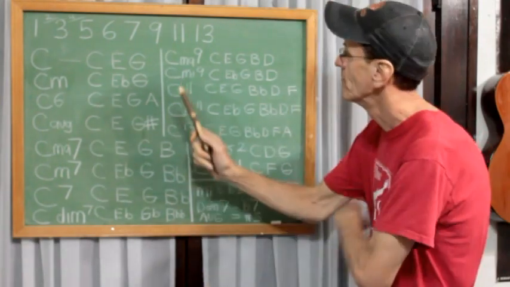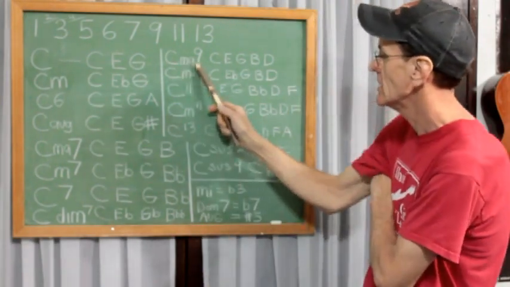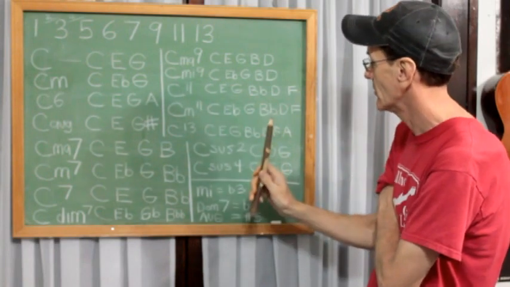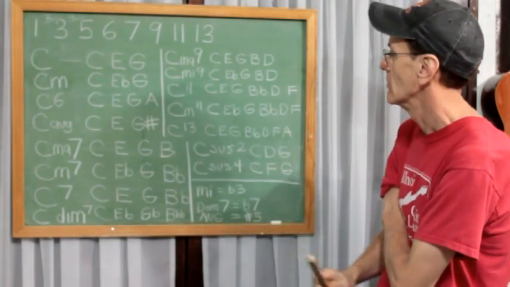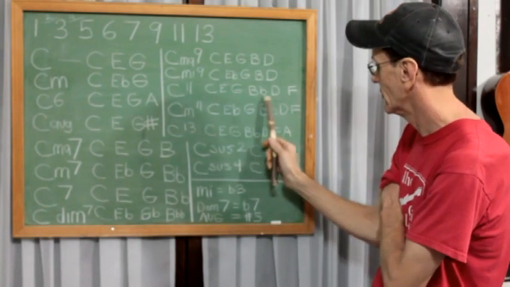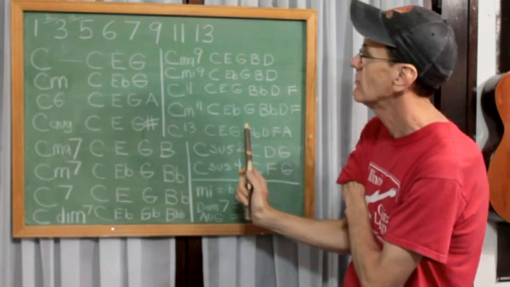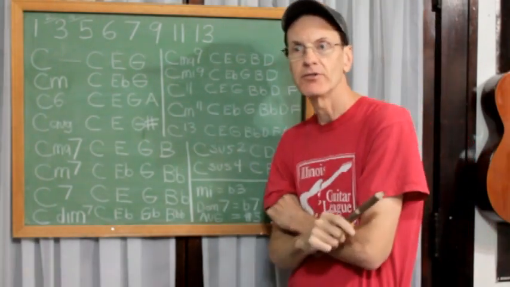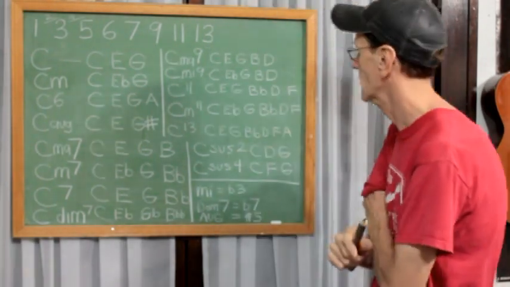I'm going to show you in a little bit. But if I had a C9 up here, that would be a C dominant 7, okay? Or a C, well, I have the C11 here, so yeah, the flat 7 is in there, see? The B flat. B is your 7th note in the C major scale.